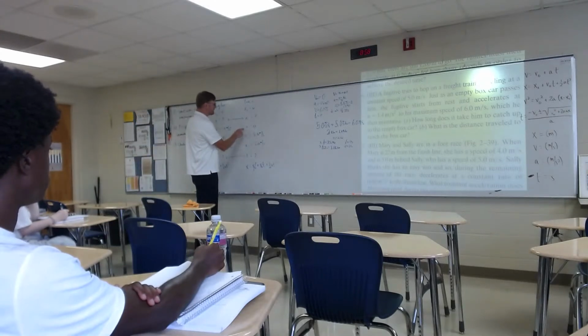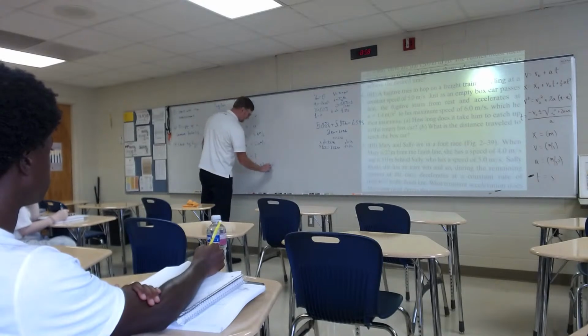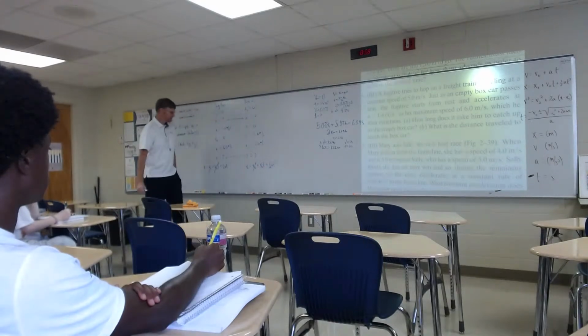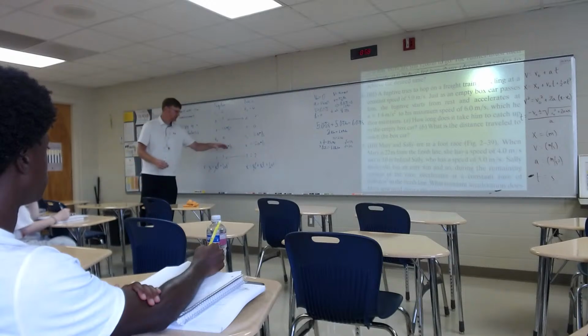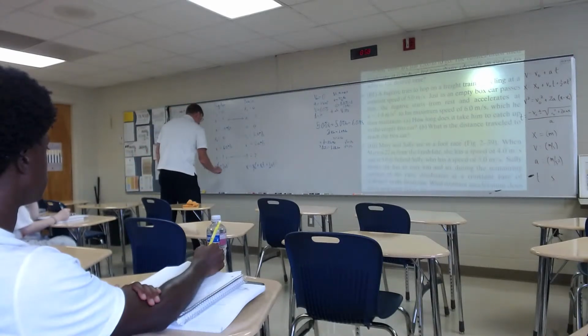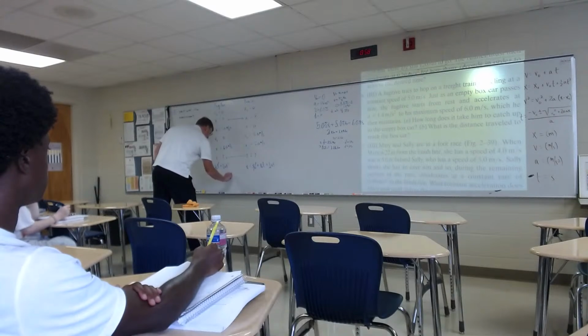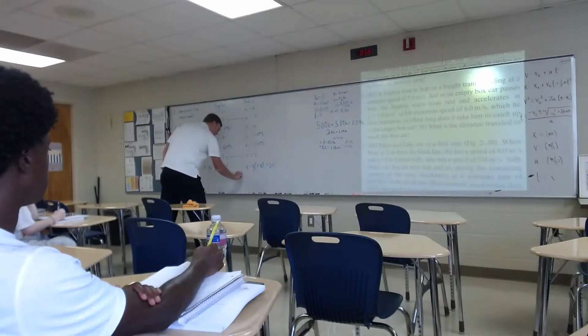The acceleration of the train is 0, so that whole term goes away. Things are starting to get a little simpler. If their final positions are the same, then this equation is equal to this equation. So we can put one half the acceleration of the fugitive times t squared equals the initial velocity of the train times t.